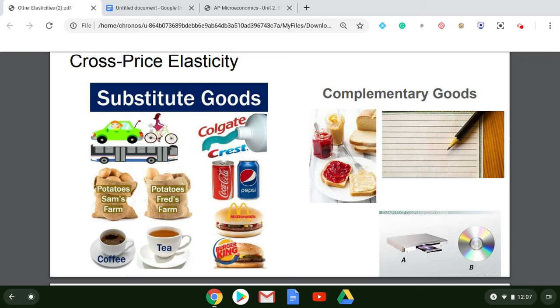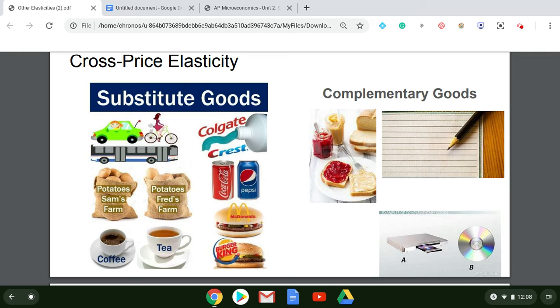You've got Crest and Colgate. It doesn't have to be very, very similar goods. It could be goods that are somewhat similar, but not exactly the same. Transportation is an example here. If the price of cars goes up significantly, or if the cost of driving a car goes up significantly, more people use public transportation or bike, or vice versa.